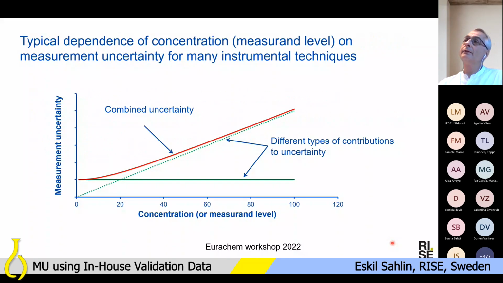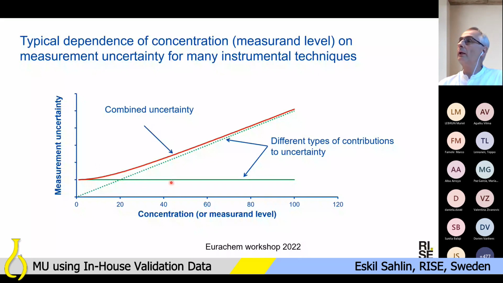And if you look at the very typical dependence of concentration on measurement uncertainty for many instrumental techniques, it will look like something in the red figure here. And the reason for this is that we have many different types of contributions to uncertainty, and typically they can be divided into two types. In one type, they will add to the uncertainty in this way.